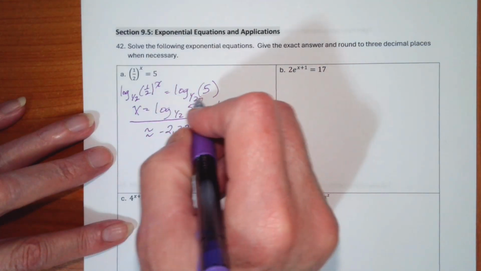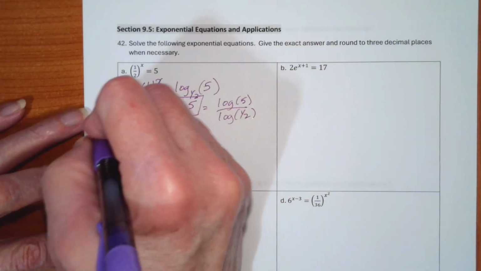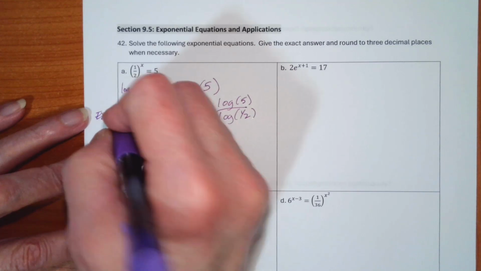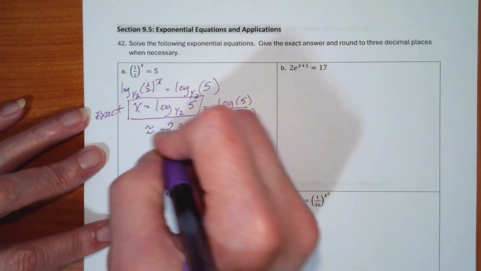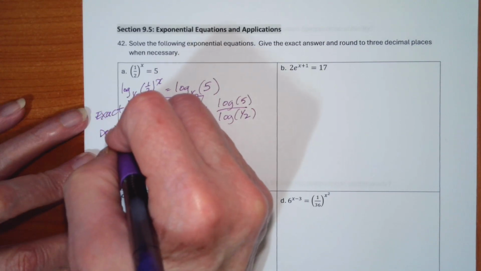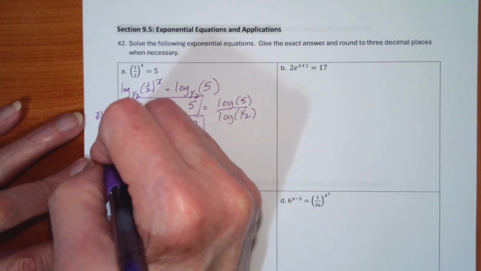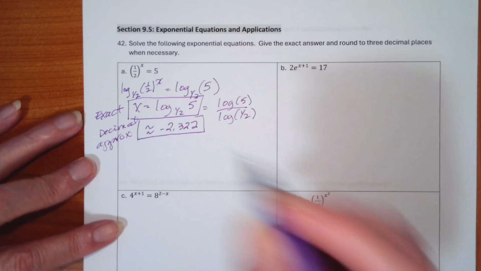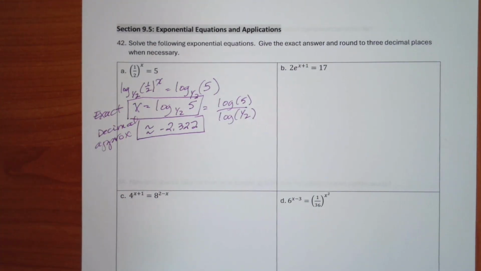So this is your exact, and this is the decimal approximation. Now I'm just going to show you on a separate piece of paper. I don't think I have room here.